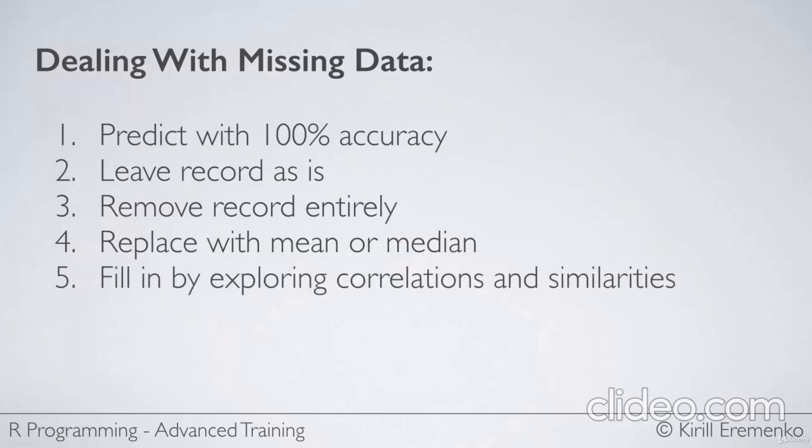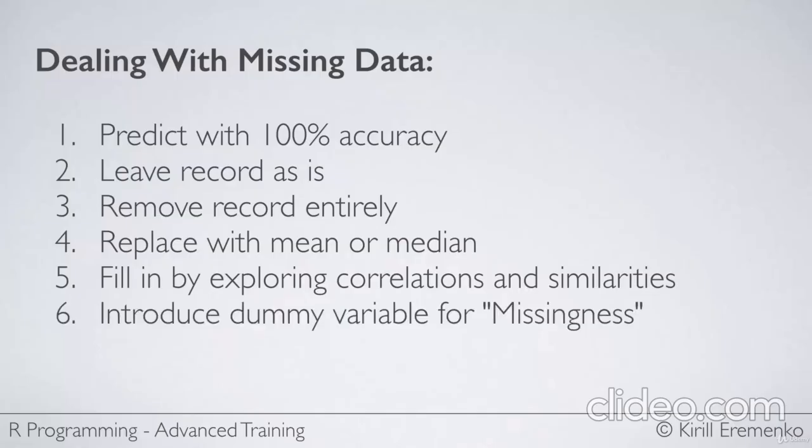And then we've got fill in by exploring correlations and similarities. That's a step up from mean or median, where you can actually create regressions, or different models that will, within your data set, predict what the values for those empty cells could have been. So that is an extra step up from mean or median.